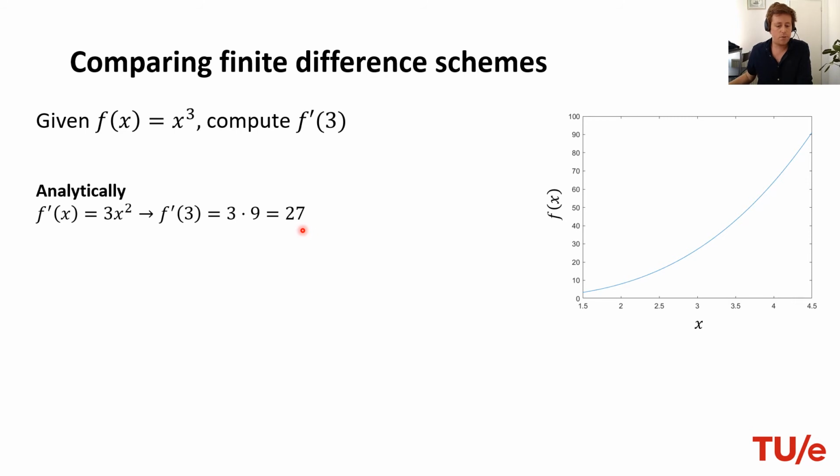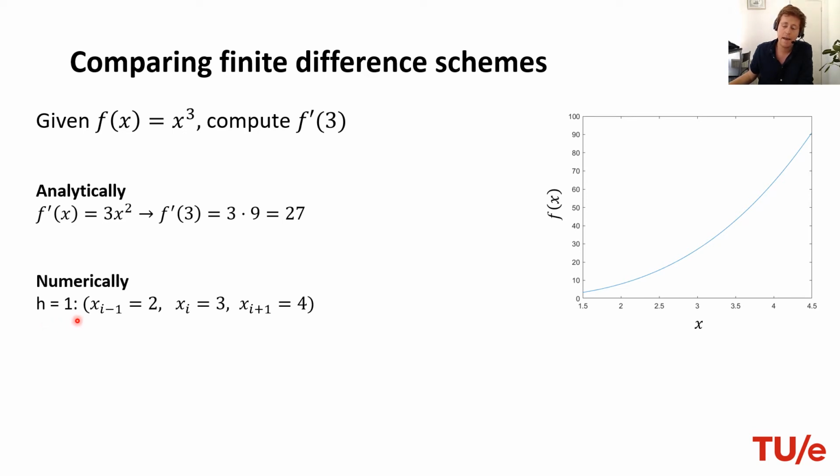Now let's try to approach this from a numerical perspective. Without using this analytical knowledge of the power rule, let's try to approximate this derivative. Numerically, we need to choose a spacing h, which we will use in order to evaluate the function. In this case, let's start with h equal to 1.